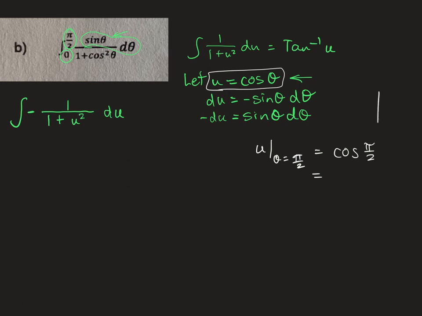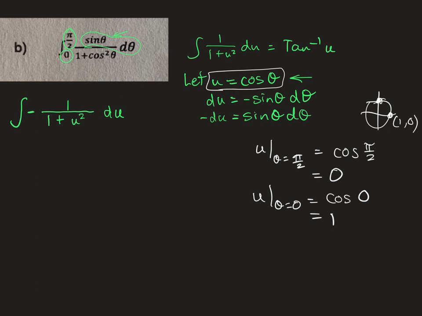And cos of pi over 2 is going to be up at the top of the unit circle, so that's equal to 0. Now, u when theta equals 0, we put 0 in for theta, and we get cos of 0, which is over on the right side of the unit circle, so that's 1.